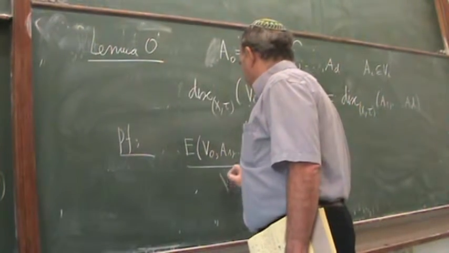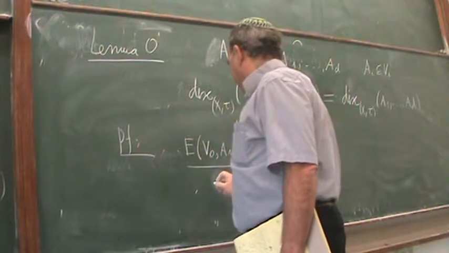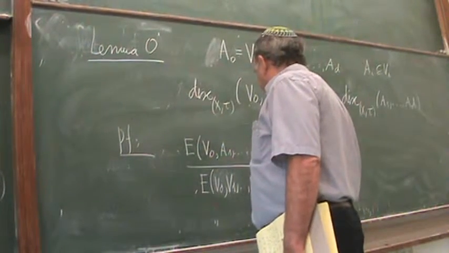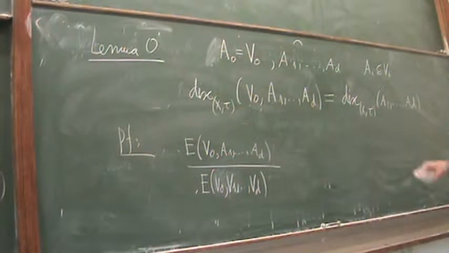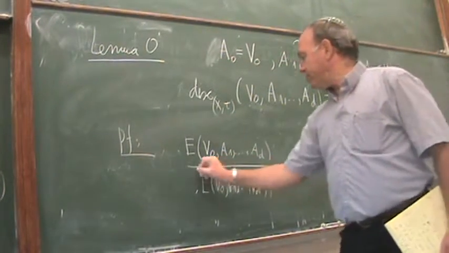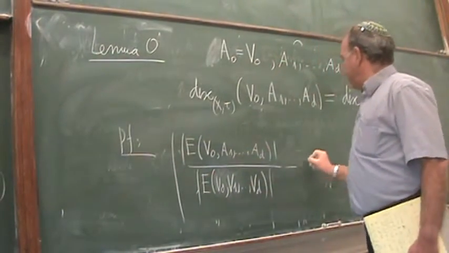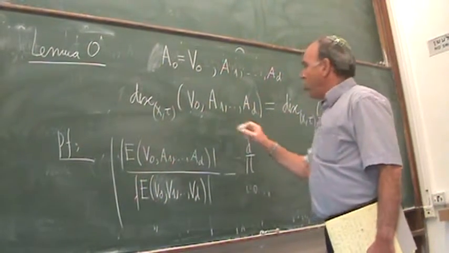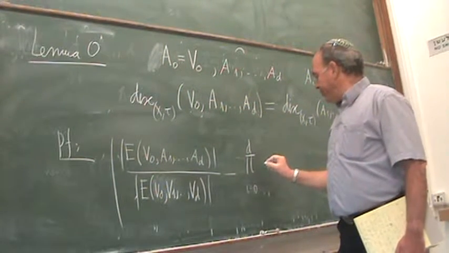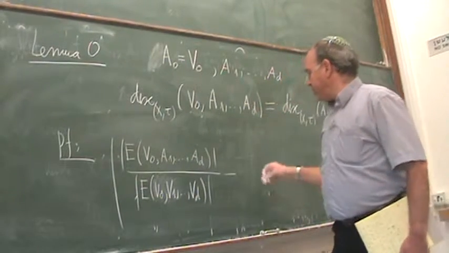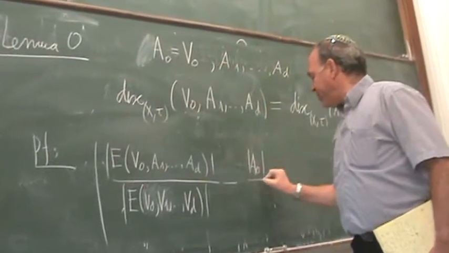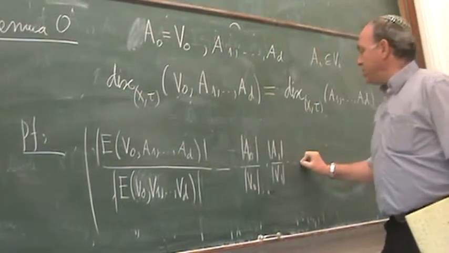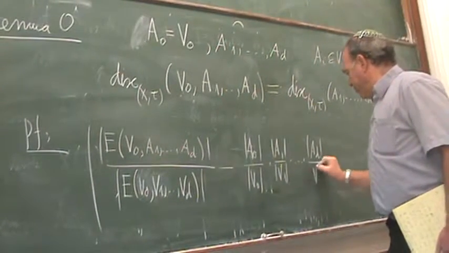In this case it is the number of all faces, so this really means E of V0, V1 up to Vd, the way to write all the maximum faces, minus the product for i from 0 up to d of A0 divided by V0, which is equal to 1, times A1 divided by V1, etc., up to Ad divided by Vd.